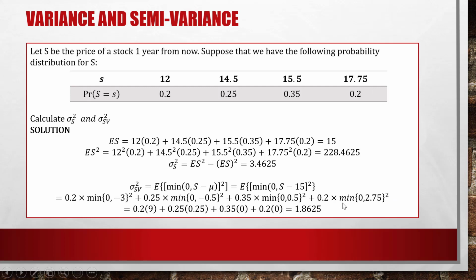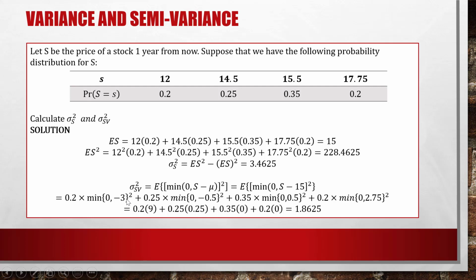And when we consider positive deviation, the minimum between 0 and the positive deviation is of course 0. So for the last two groups, we got 0. You see that? That means these two groups are eliminated. So we basically wipe out the positive deviation. Now for the negative deviation, the minimum between 0 and -3 is -3.